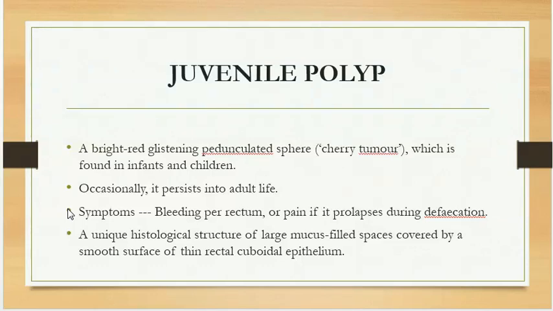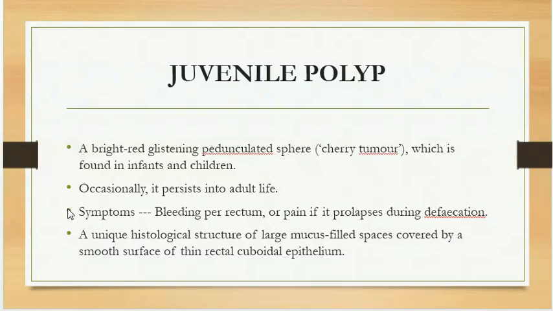It can cause bleeding or pain if it prolapses during defecation. It often separates itself sometimes, but can be removed easily with forceps or snare. A solitary juvenile polyp has virtually no tendency to become malignant, but should be treated if it is causing symptoms.